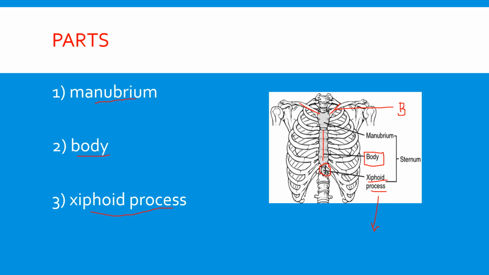Ossifies means it is present in the form of cartilage in the fetus, and when the human being changes from fetus to adult life, it gradually turns into a proper bone or bony tissue.